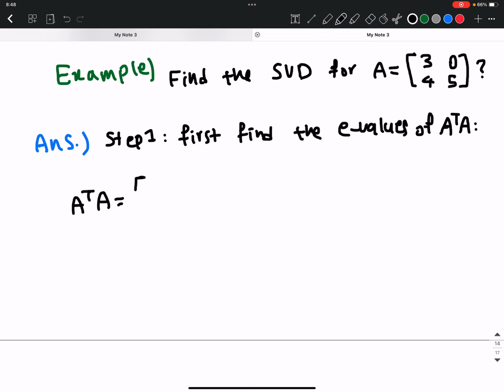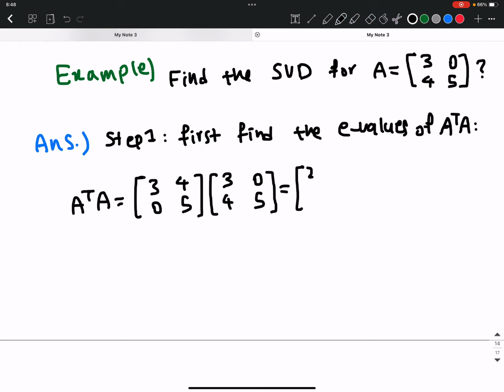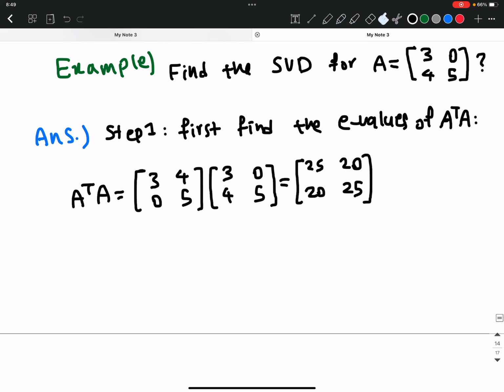The transpose of that, 3 0 4 5, multiplied by A, 3 4 0 5, will be 9 plus 16 is 25, 20, 20, 25. Okay, so this would be my A transpose A matrix.